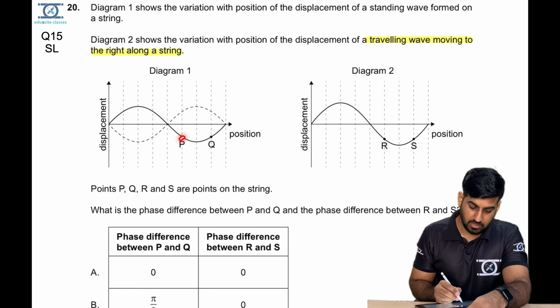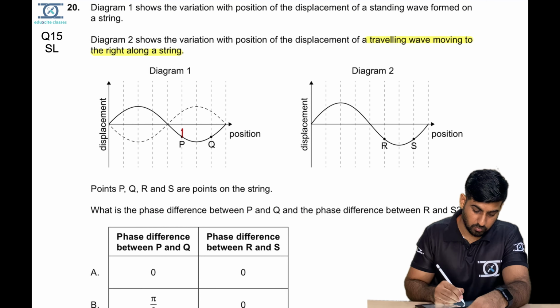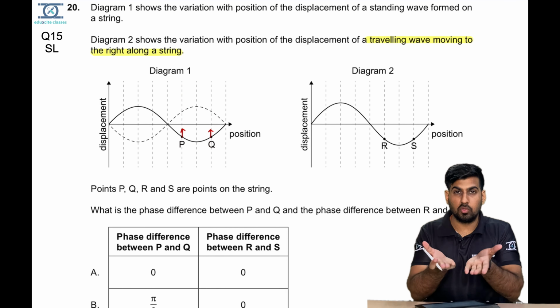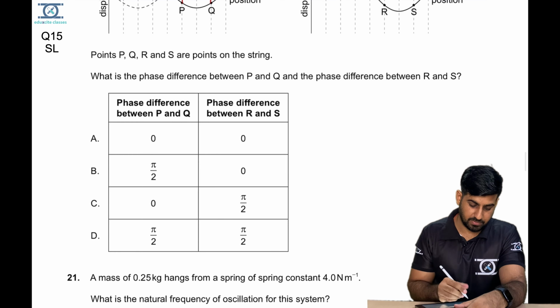Now points P, Q, R, S are given. What is the phase difference between P and Q? Always remember P and Q are here, you can see they are along the same line. They will both move in the upward direction at the same position. So the phase difference between P and Q will be 0. So either option A or option C.